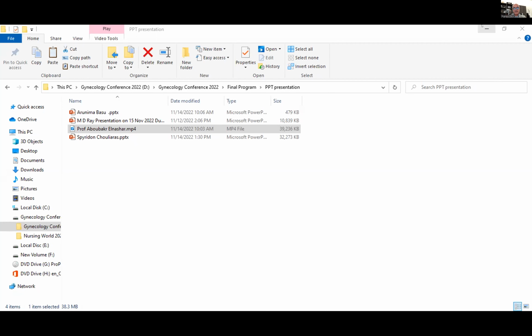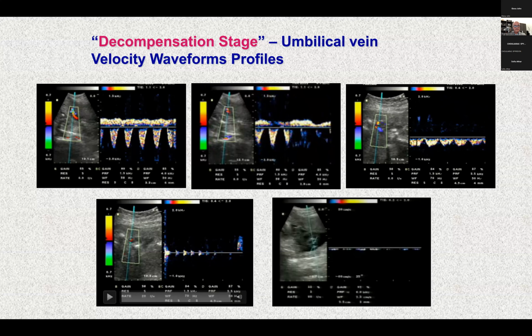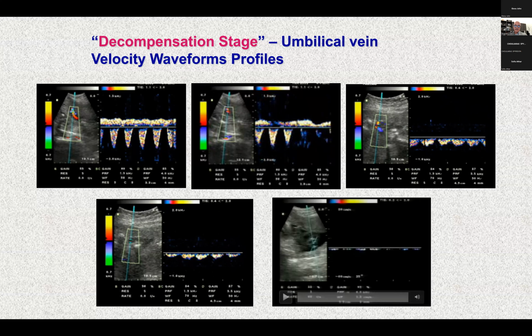But look here, these pulsations are more evident than before, and with the evolution of the decompensation in the fetus, we can see not only a very evident pulsation, but also a reduction in the forward flow in this vessel. And finally, you can see very close to the fetal death, there is almost no flow in the umbilical vein.